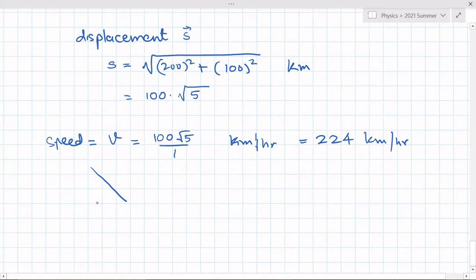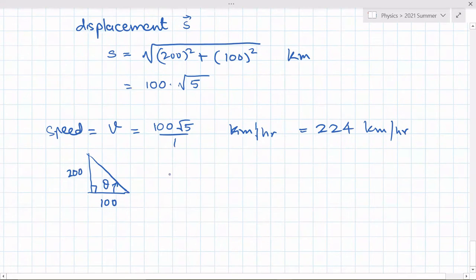So if we draw that again, and if I take this as theta, and this is 200 and that's 100, right? Then theta is tan inverse 2, which is 63.4 degrees.